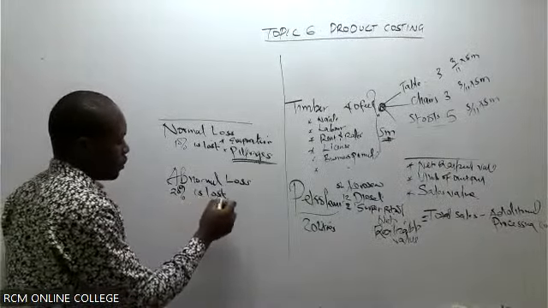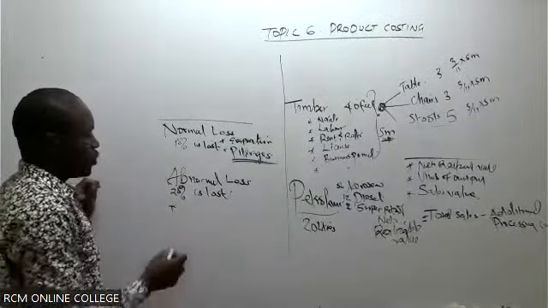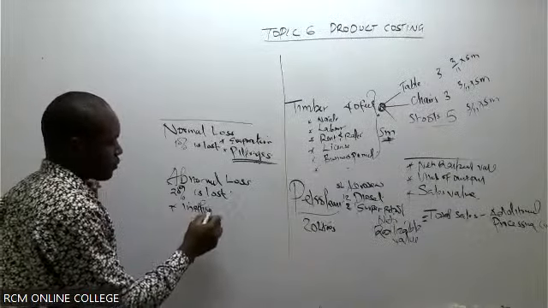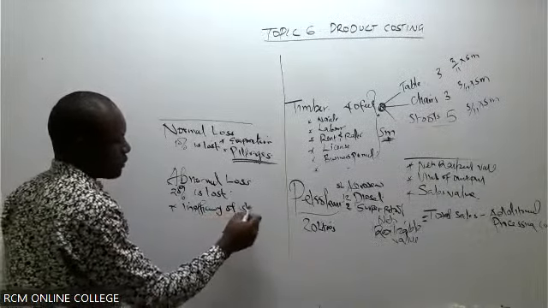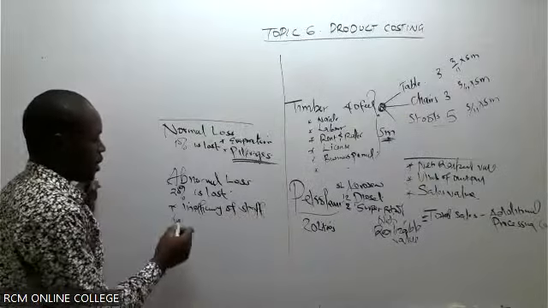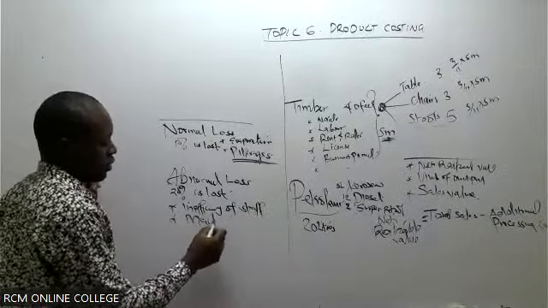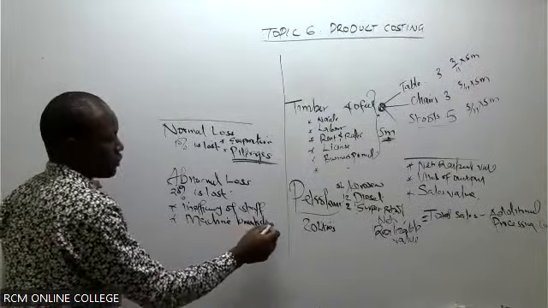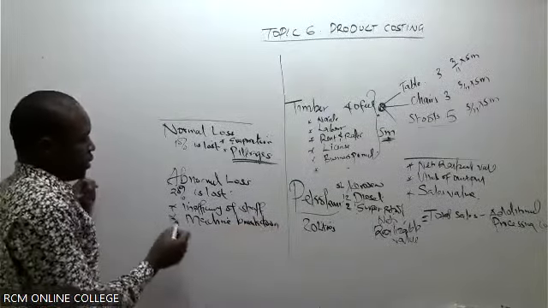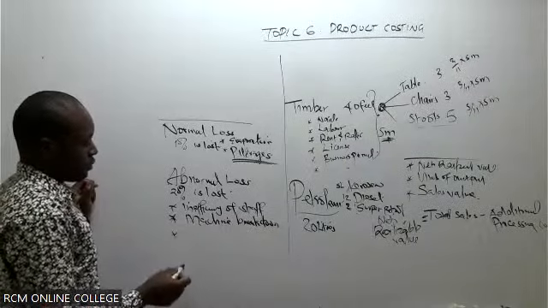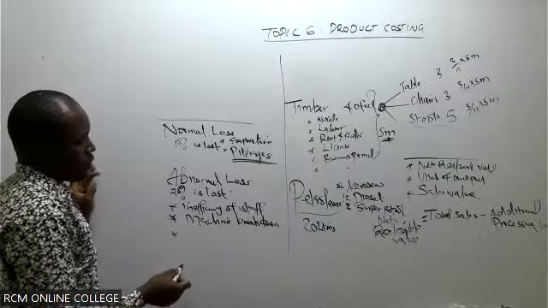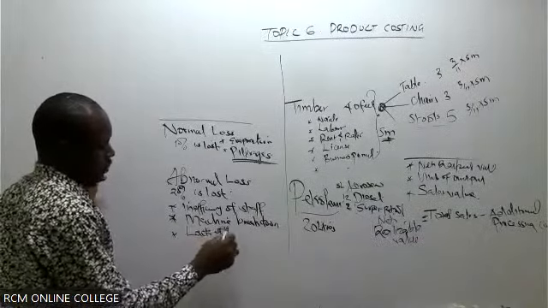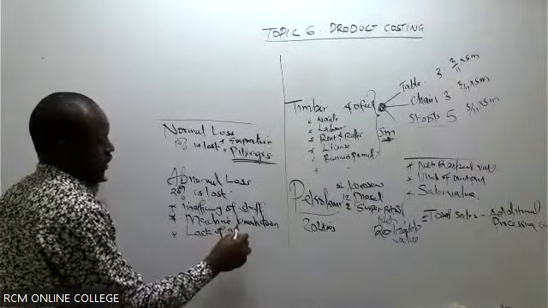If it is going to be lost, it could be due to inefficiency of staff. Here, machine breakdown, which will lead to regular stoppage. Then we have lack of adequate skills.